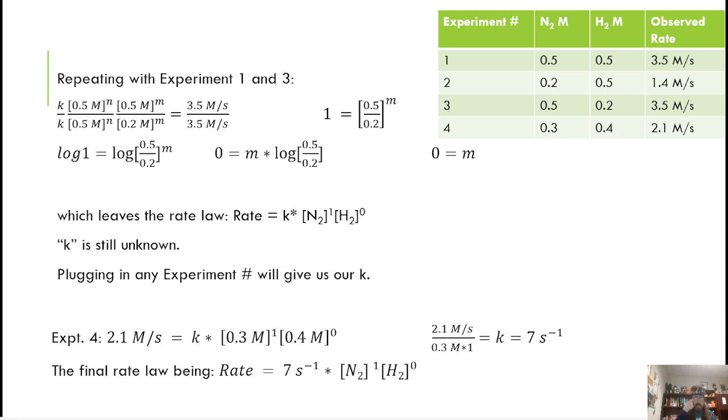So if I plug this in for the reaction 4, 2.1 molar per second equals k times 0.3 molar. If I divide by 0.3 molar, I get 7. Now the units of k depend on the units that are left over when we've done all of our math.